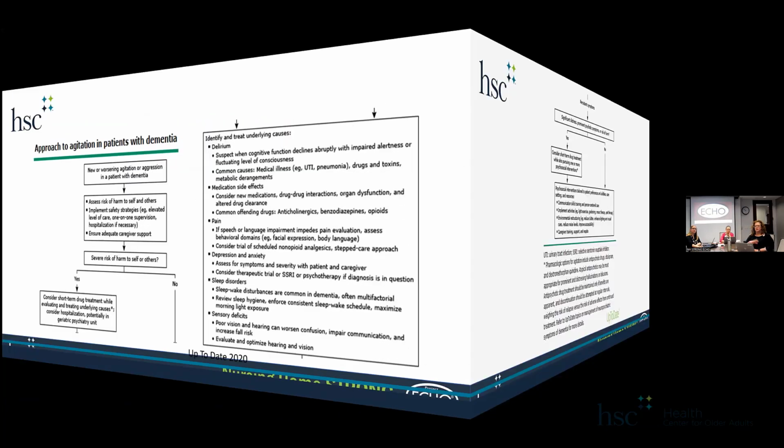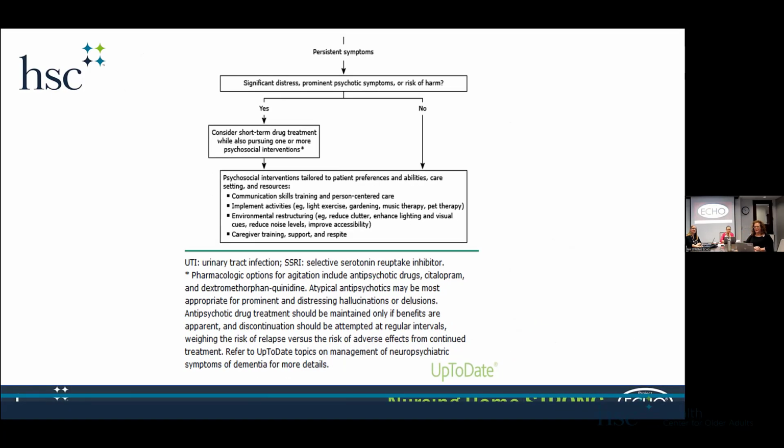And then this chart continues, but again, the ongoing issue in terms of maintenance is, once the initial change in behavior is noted, and if we do try a medication, then we have to reevaluate very shortly, within a month or maybe 2 or 3 months. Is the medication helping?